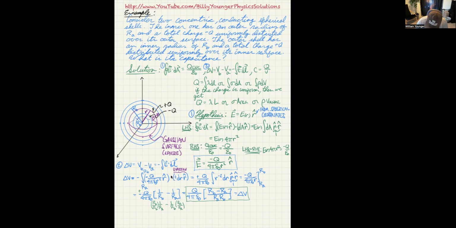Step 3 is using C equals Q over V to calculate the capacitance. I'll go back to green because that's what I was supposed to be using.